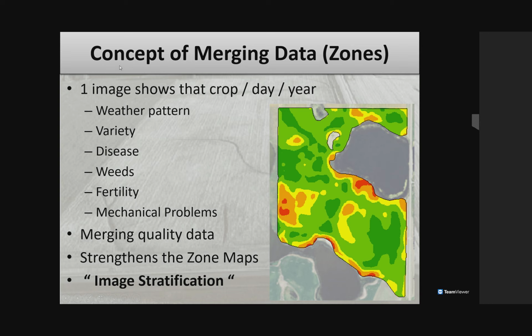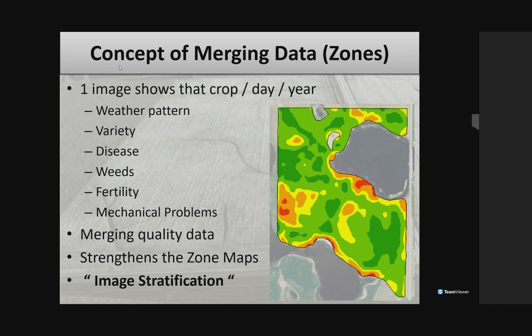So reminder here, one of the things that I promote very strongly when you're building management zones is the concept of merging data. I don't care if you're using satellite imagery, I don't care if you're using aerial UAV data, I don't care if you're using yield data.